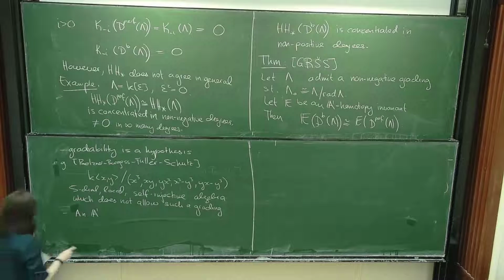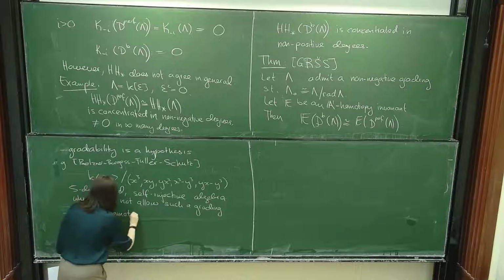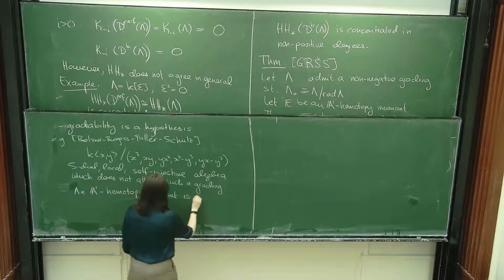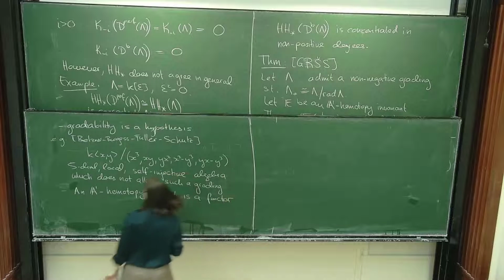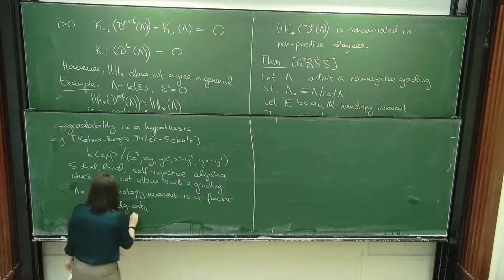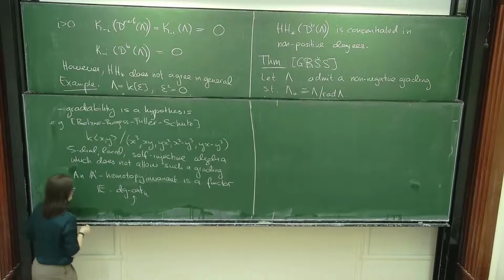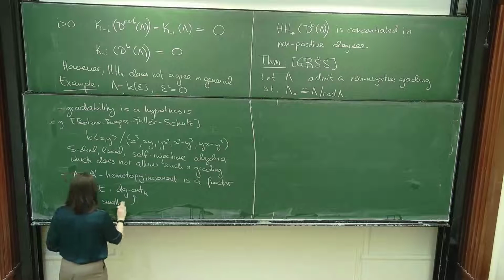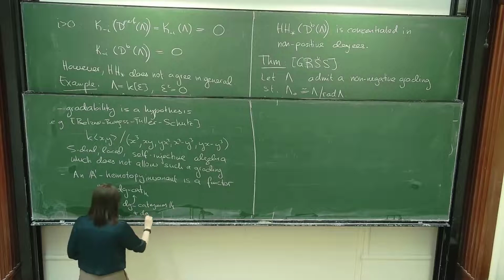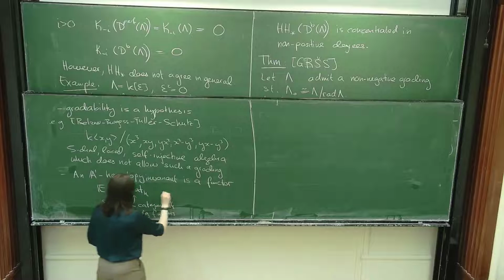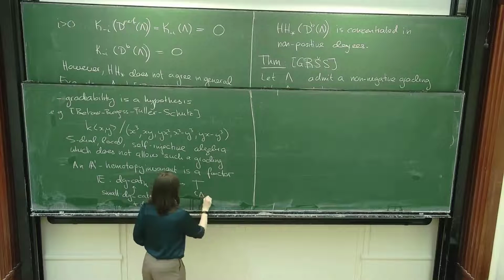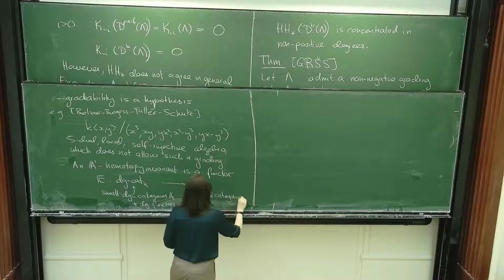An A1 homotopy invariant is a functor E from dgcat K, the category of small dg categories over K and dg functors, to some triangulated category T. And it satisfies three axioms.